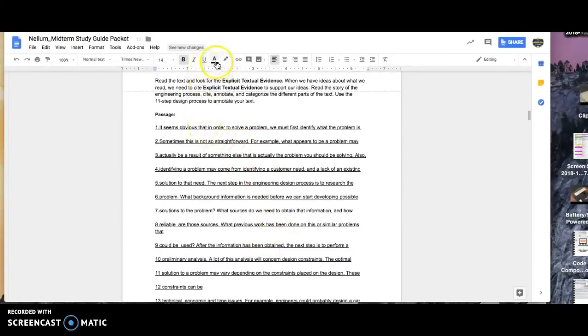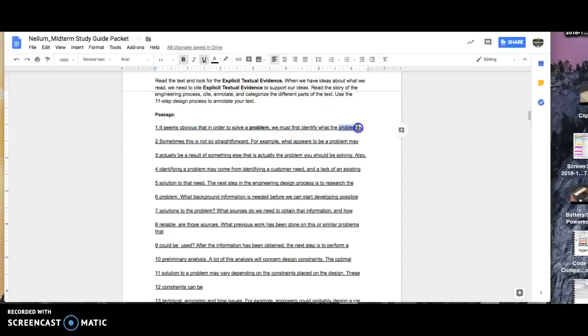While you're reading the passage, make sure you're underlining important things so you know what to look out for. For example, it seems obvious that in order to solve a problem, we must first identify what the problem is.